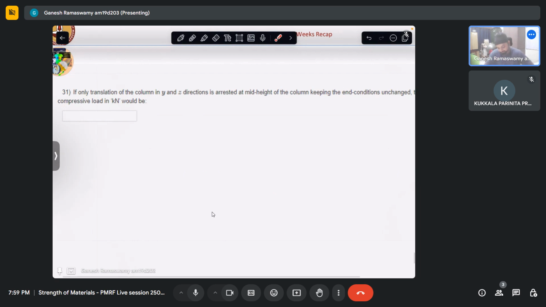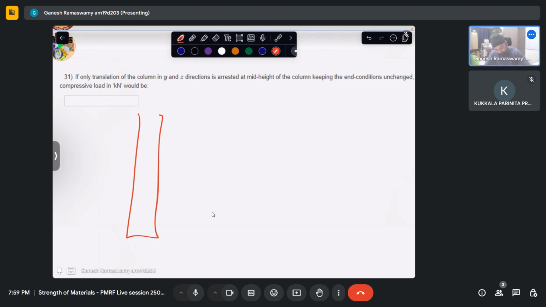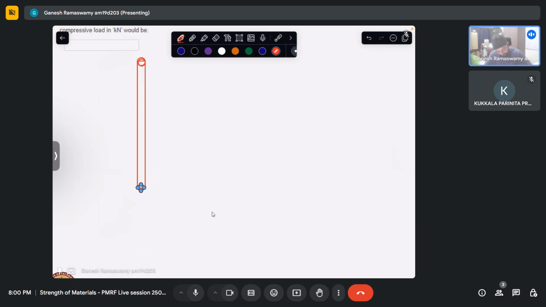If only translation, let us say that we had the column like that. Let us say the column was like that, where the rotation is allowed here. And let us say that the rotation is also allowed here. Not for this problem, I'm just generally saying.